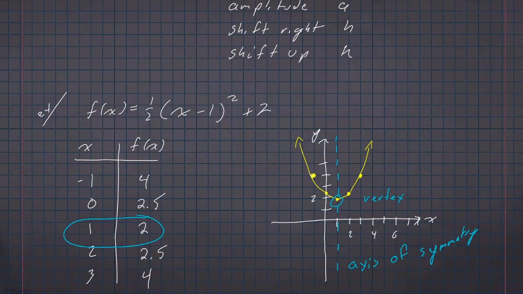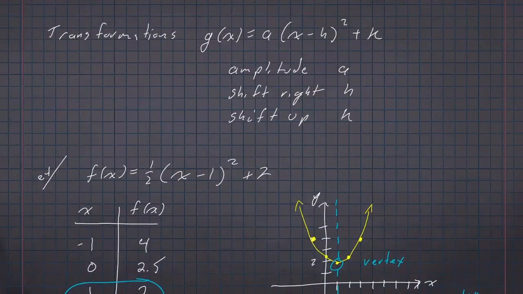So when we're looking at a graph of a parabola, those are two things that we can pay attention to and make sure we're able to identify. Going back to my general form of the quadratic equation, g of x is a times x minus h squared plus k.